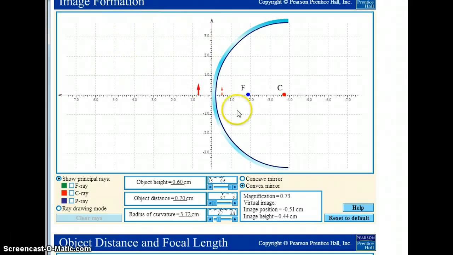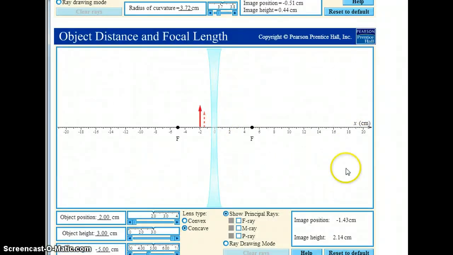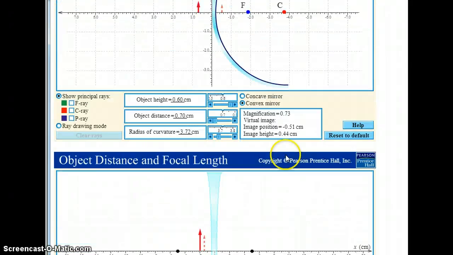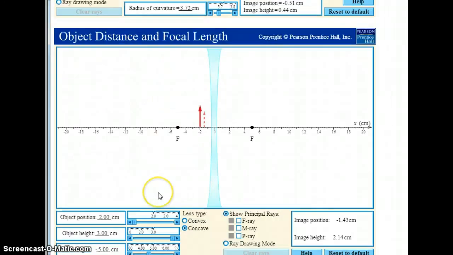So all the action happens over here, so the image moves in from the focus. And for this, this is the outgoing side, and all the action happens over here, which is the opposite side. So really all you have to do is take all the stuff that happens over here and copy it over here, and suddenly you have this. They're exactly the same. I can't emphasize that enough.